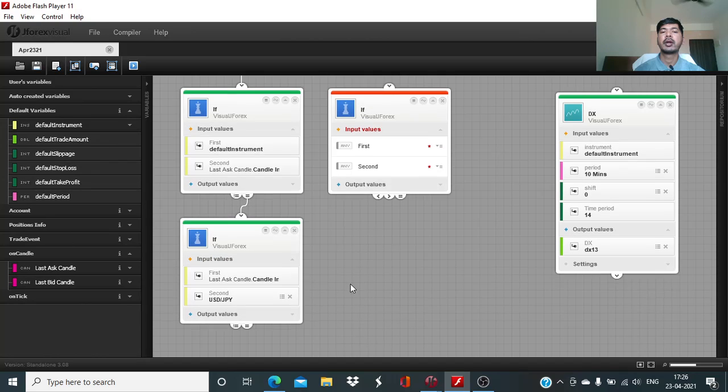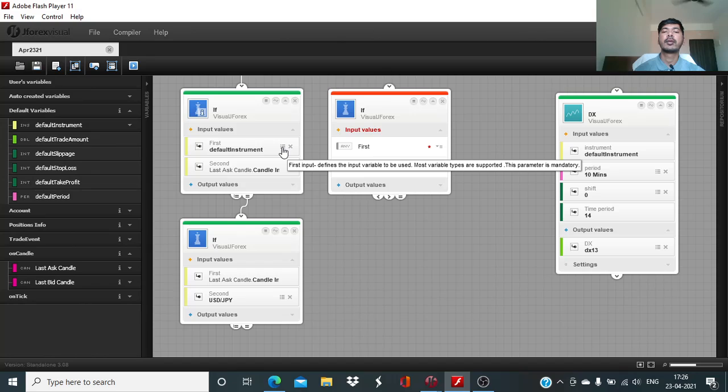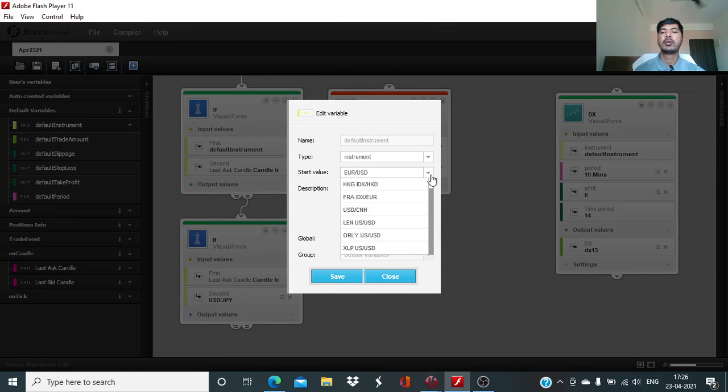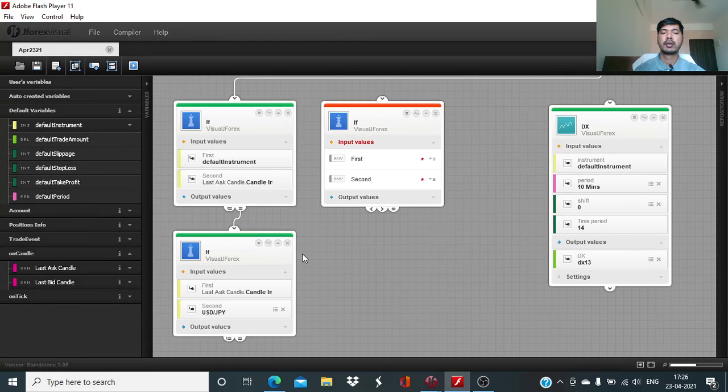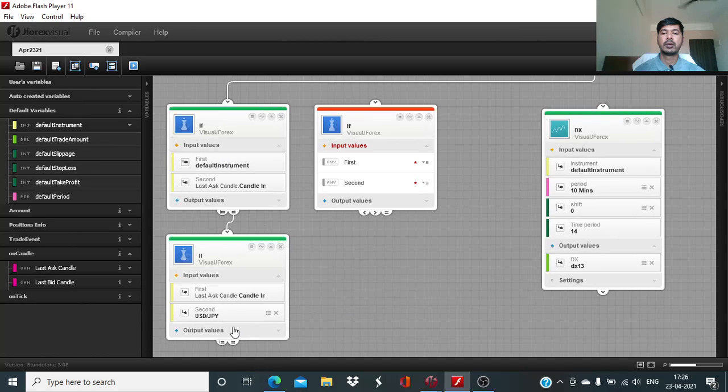Okay, I got this. And the default instrument will also need to be changed to USD JPY. Okay, so far so good.